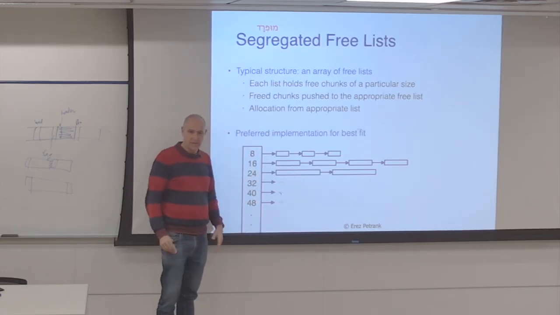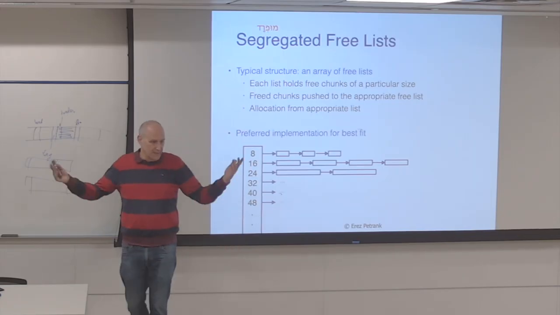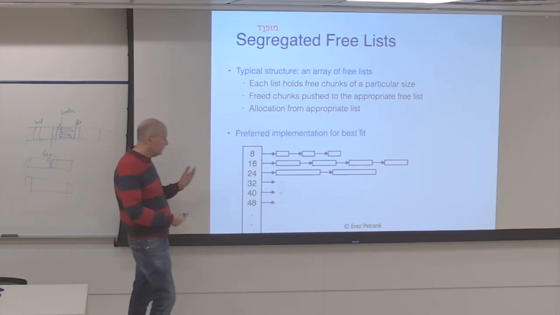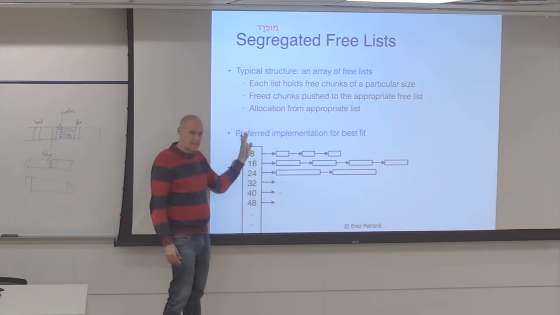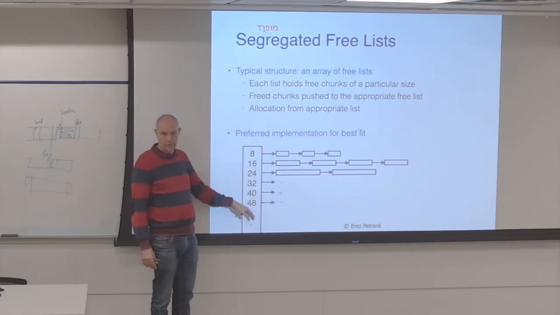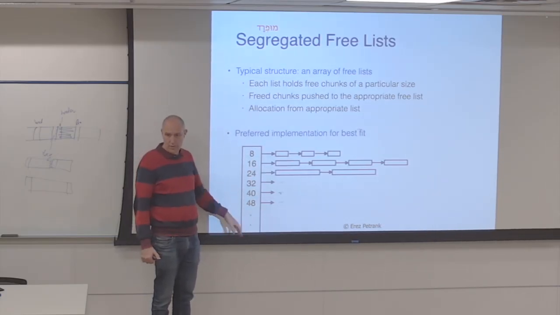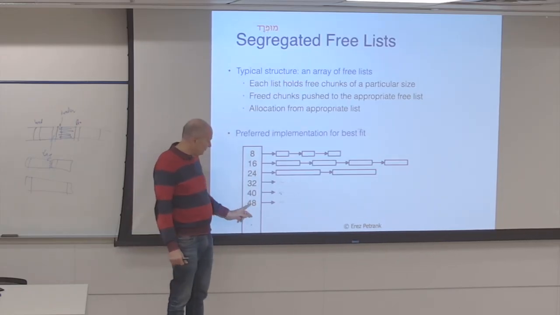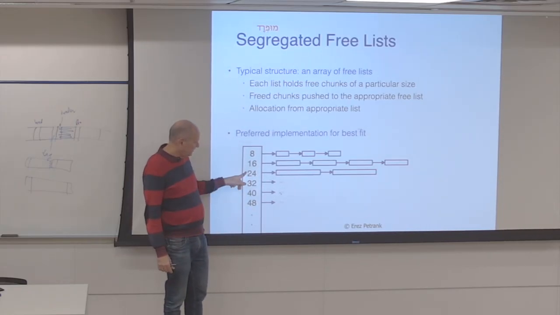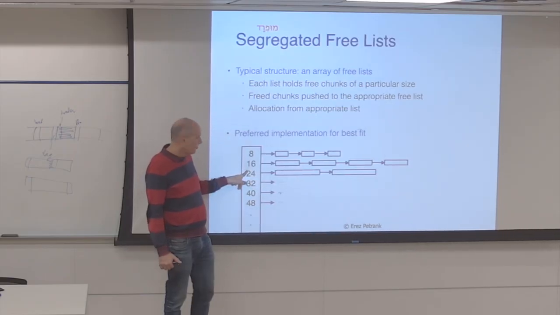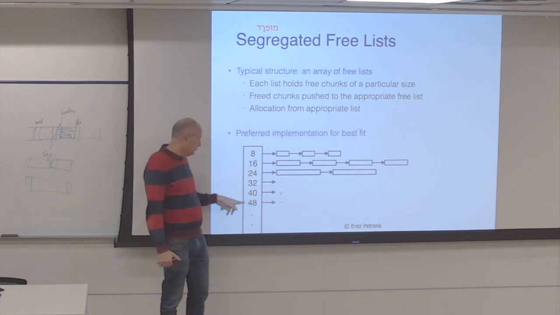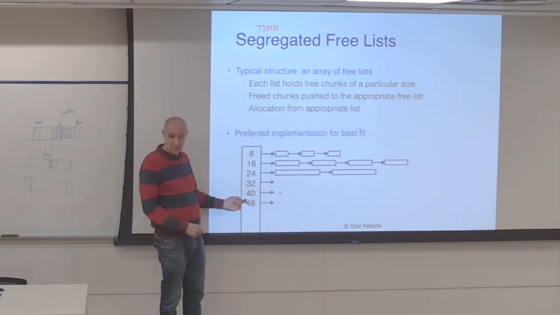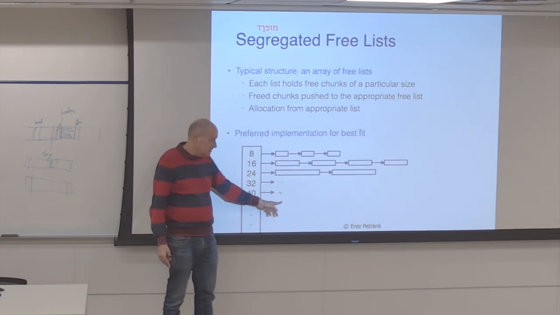If you're allowing allocations of 2 mega, you don't want to have all the possible sizes between 1 word and 2 mega words. So sometimes what you do is you have ranges. You say, I'll have here maybe all those between 24 and 40. They'll be in this list. Then maybe 48 to 128 will be in this list.